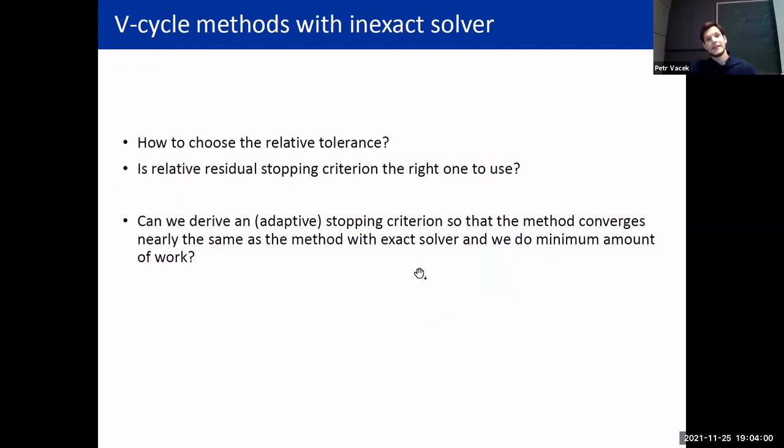So the question we are interested in is how to choose the relative tolerance. More generally, is the relative residual stopping criterion the right one to use? And if not, can we derive a stopping criterion so that the method converges nearly the same as the method with the exact solver, and we do the minimum amount of work?